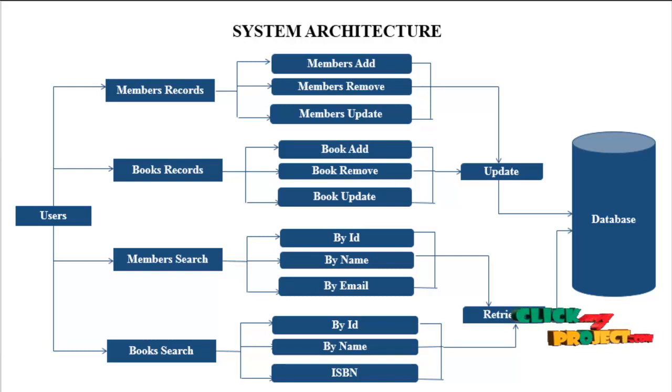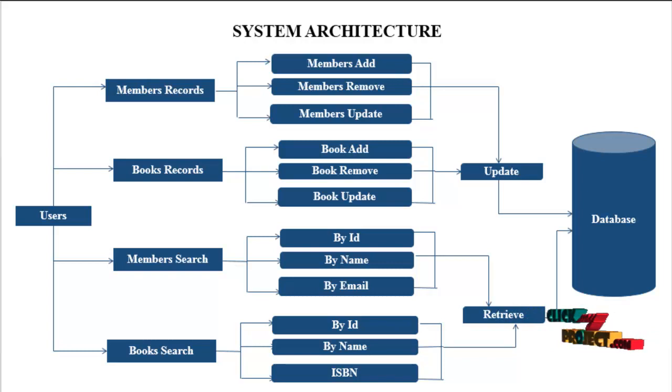Manage member records has three types of work: add member detail, remove member detail, and update member detail. Manage book records has three types of work: add book detail, remove book detail, and update book detail.